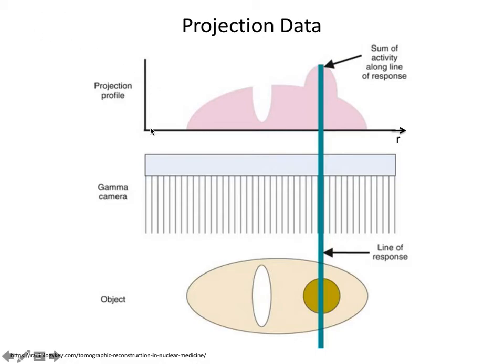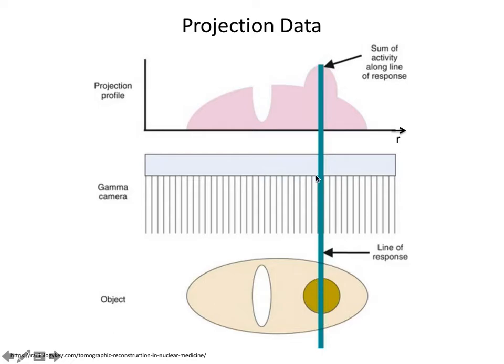So the raw data looks something like this. This is a cartoon of raw data. This is position along our detector, and here is the anti-scatter grid. The object is here, and we say we have moderately intense radiation coming from this beige stuff. Here we'll say we have a hole in the object, so no radiation is coming from this ellipse. And here we have, let's call it the heart, high intensity radiation coming from here.